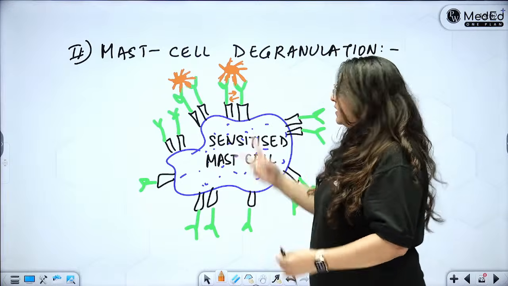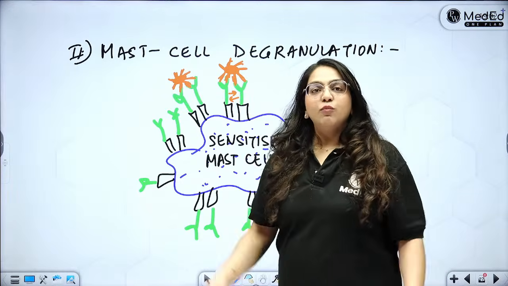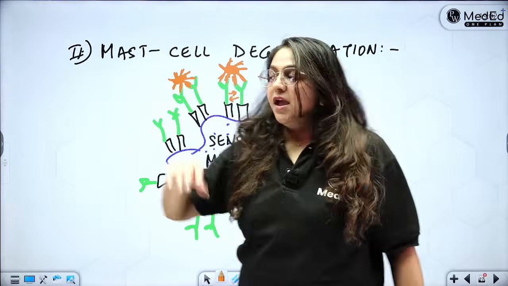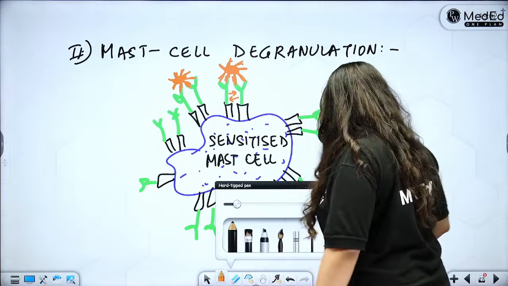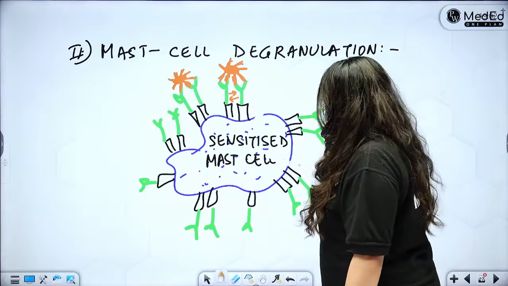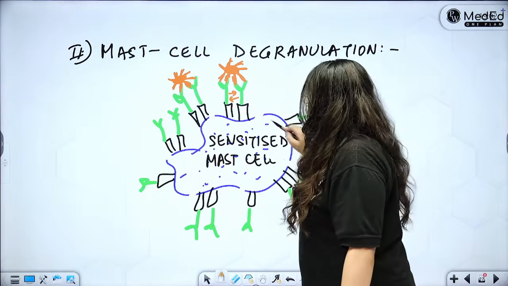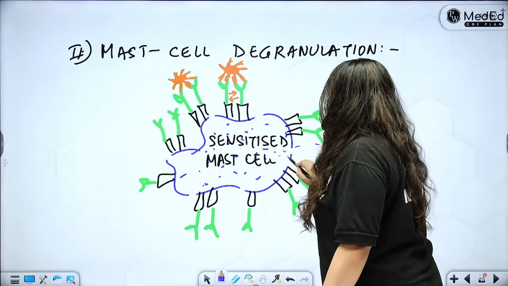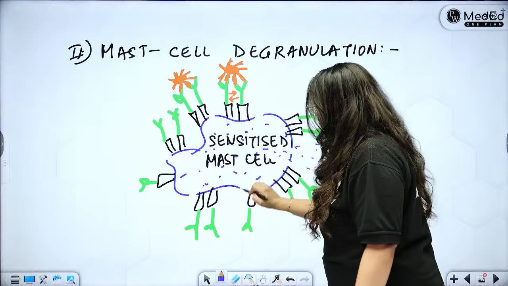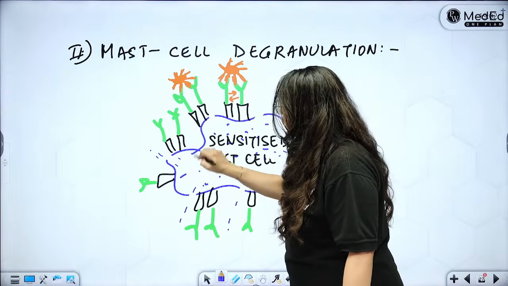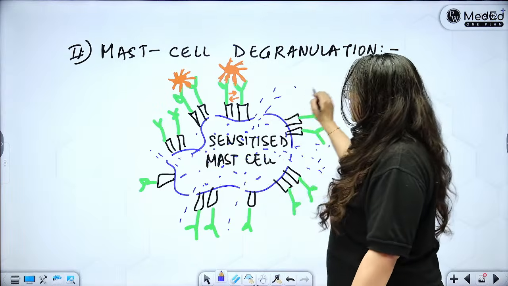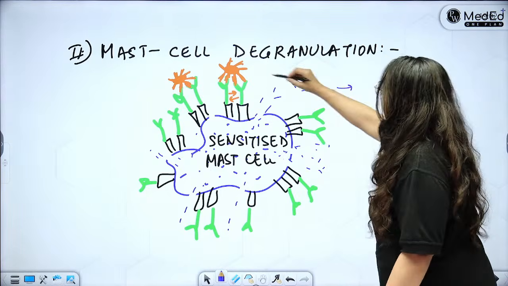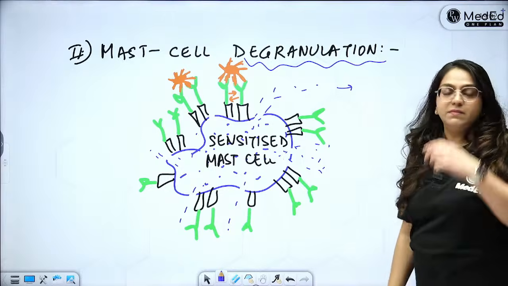The moment the head butting happens, mast cell gets angry, mast cell loses it and totally degranulates. Now all of these granules which were present inside start leaking out of the cell. This process is called degranulation of the mast cell.